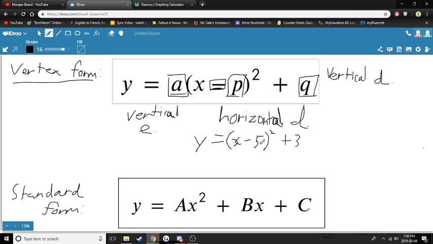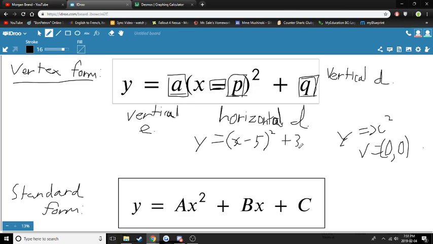Let's see what we said for q. So q is a vertical displacement. You have to remember that y equals x squared has a vertex at 0, 0.